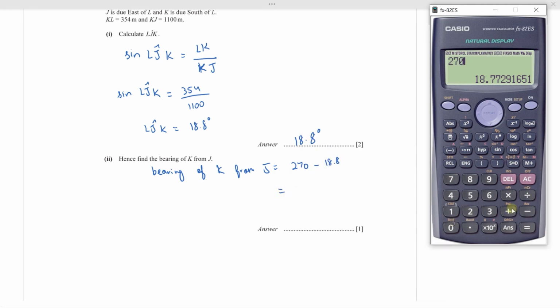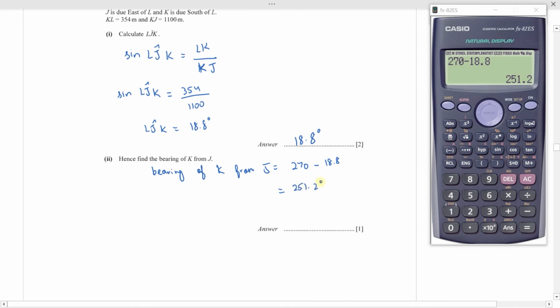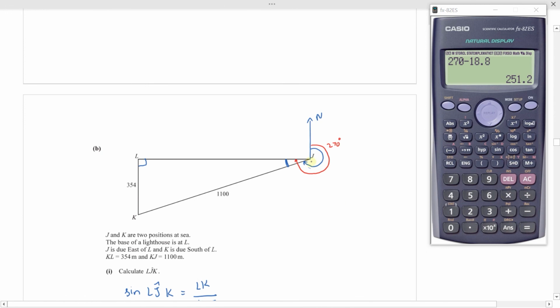So 270 minus 18.8 will be 251.2 degrees. So this blue angle here is 251.2 and this is 18.8, and this full angle, when you sum these two blue angles, you get 270.